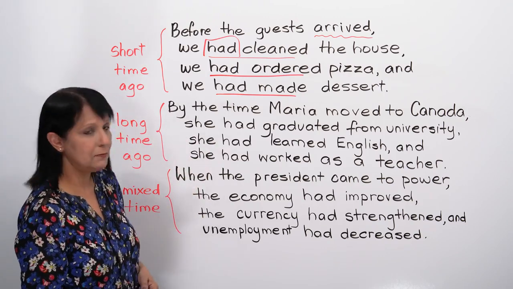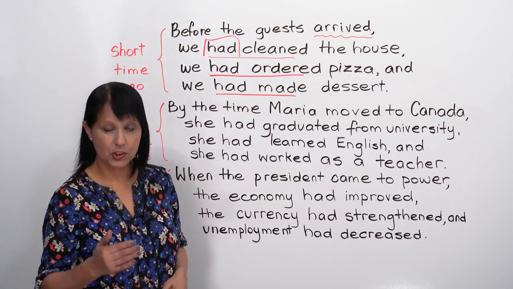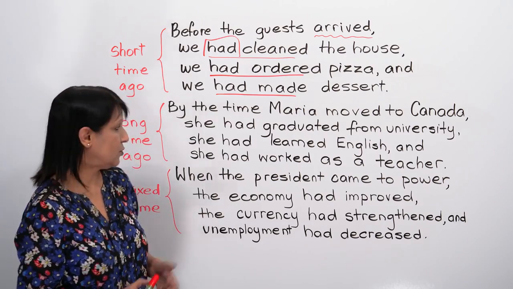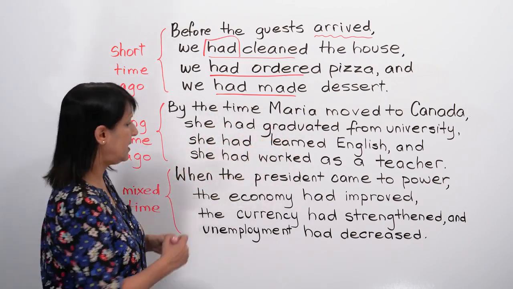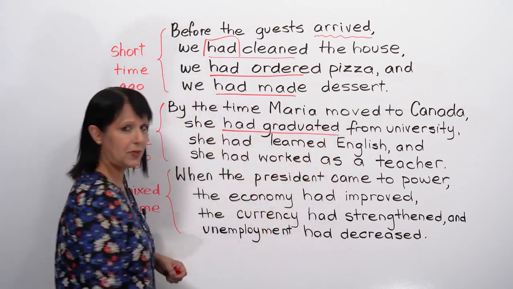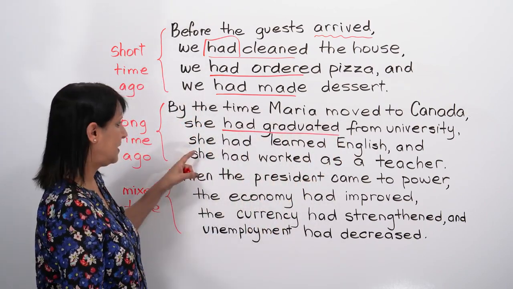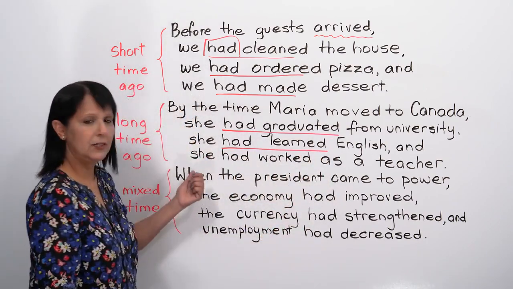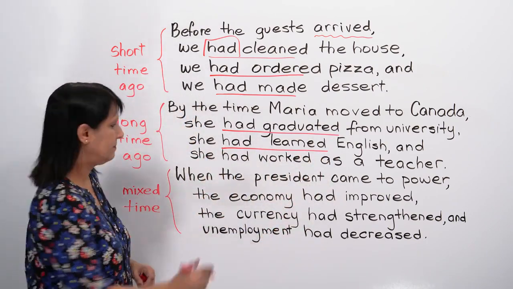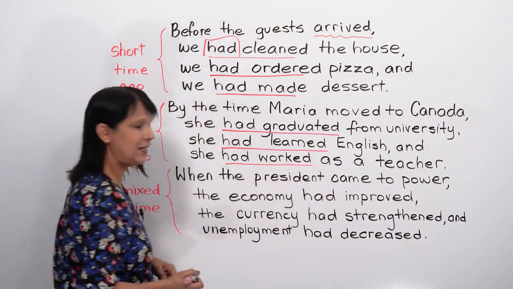Let's look at another example. By the time Maria moved to Canada, she had done some things, right? So let's see what they are. She had graduated from university, had graduated, past perfect. She had learned English, had learned, and she had worked as a teacher, had worked. Okay?